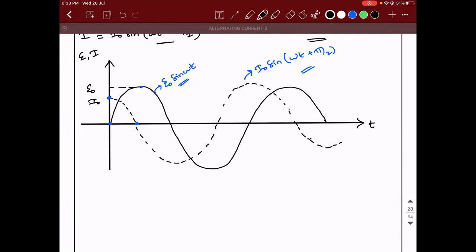Okay, this is in terms of graph. Now, we need to see in terms of phasor.